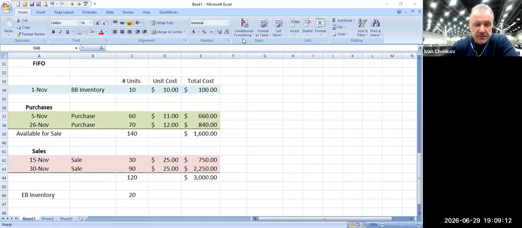If my beginning balance was 10 units, first purchase is 60, last purchase is 70, and I have only 20 units left, is it possible for those 20 units to have units from my beginning balance? Is it possible?